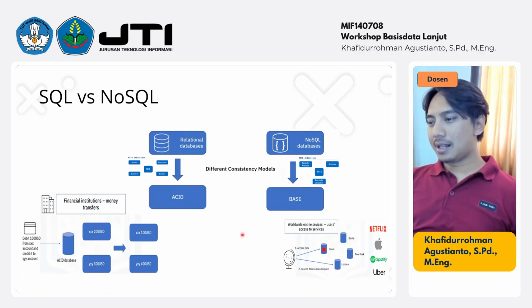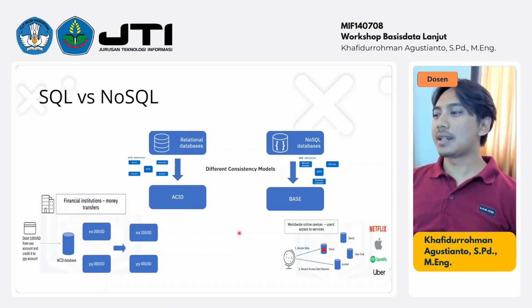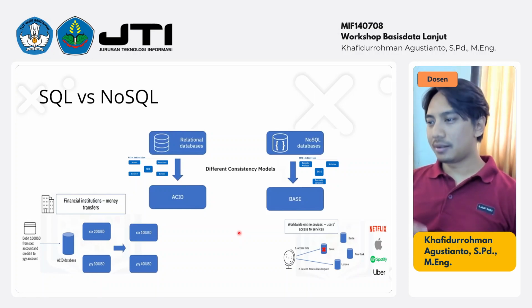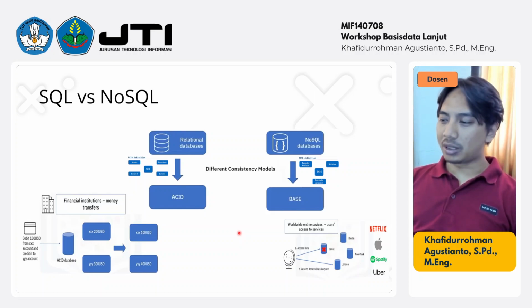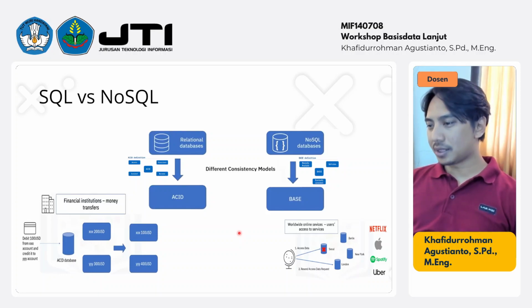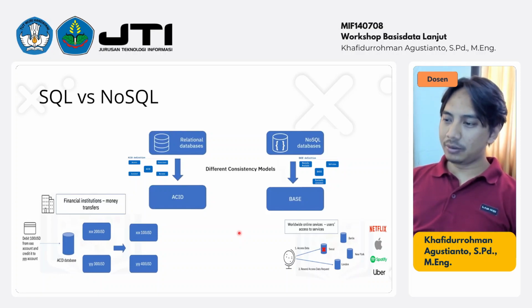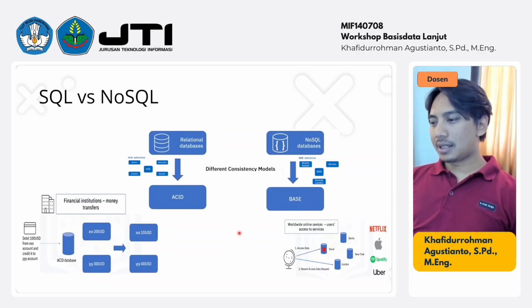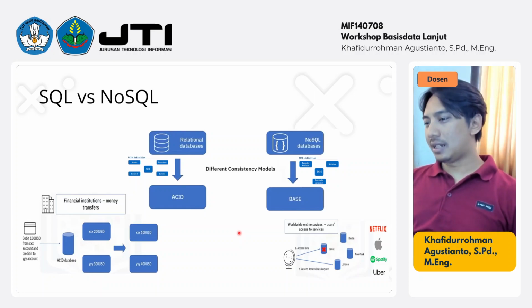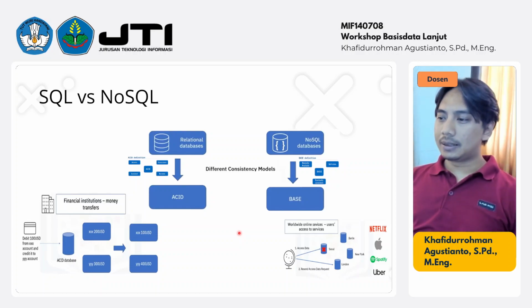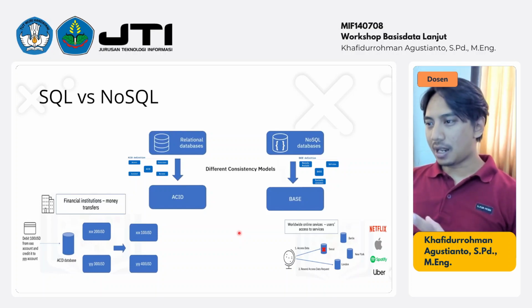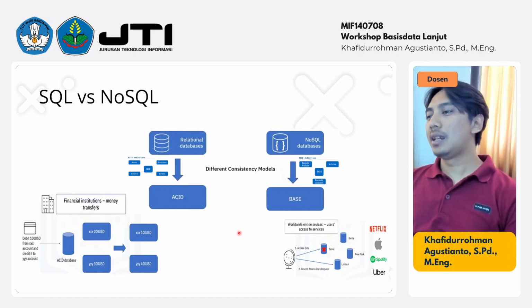Okay, and today we're facing a new era of databases. Familiar, popular applications like Netflix, Spotify, Uber, and others use NoSQL to store the data, because today we are facing a new era of data, which we commonly call big data.